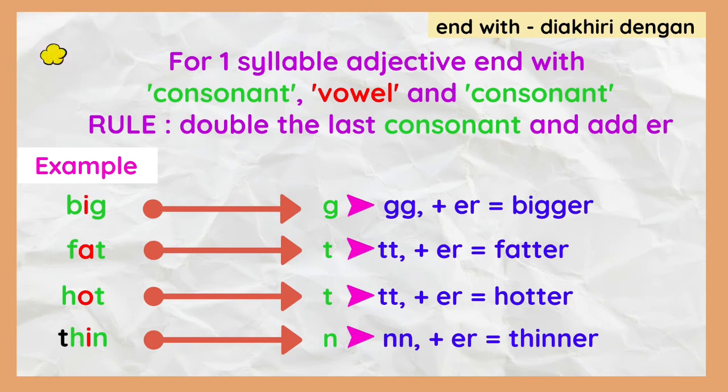Kita gandakan huruf konsonan akhir dan tambah er. For example, big, bigger. Fat, fatter. Hot, hotter. Thin, thinner.